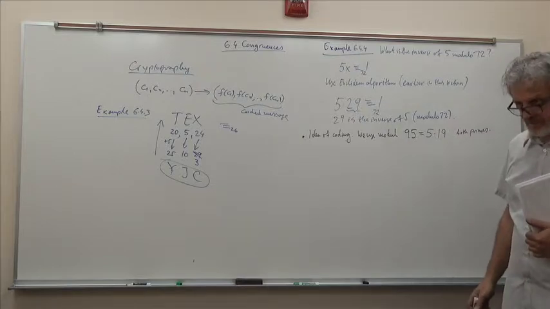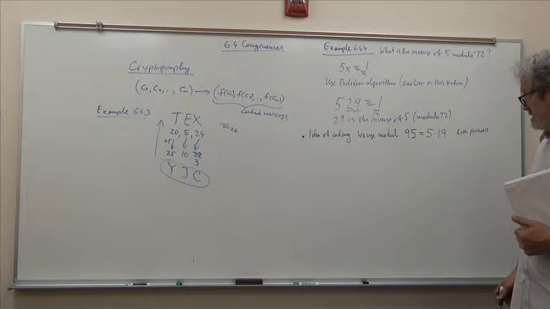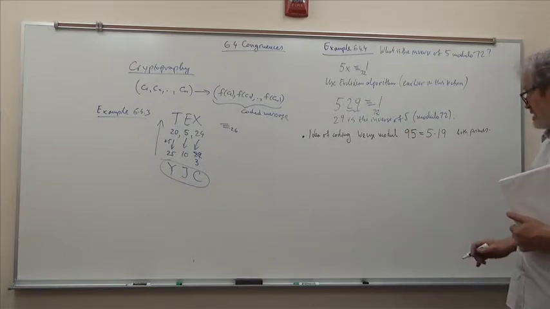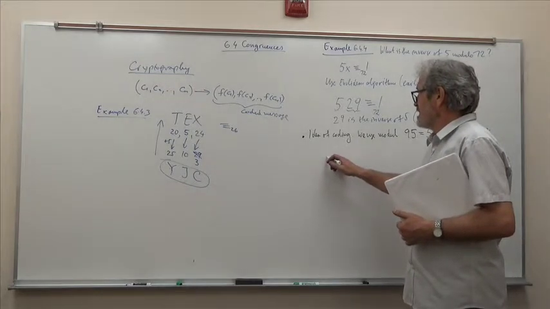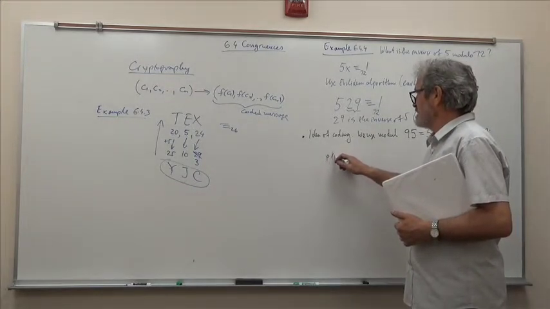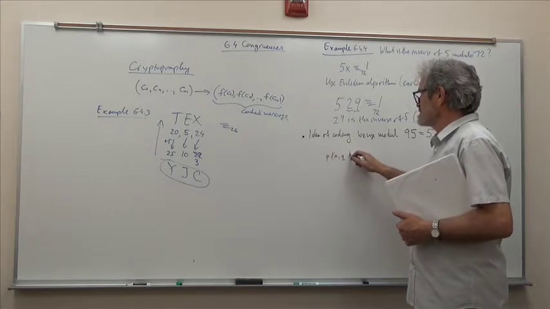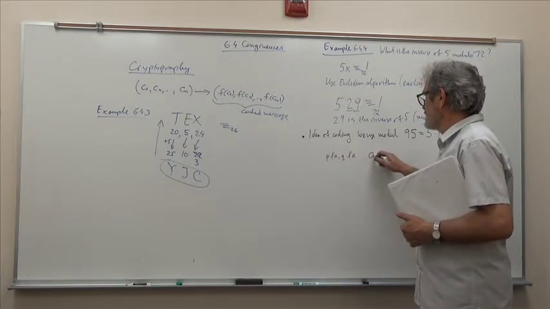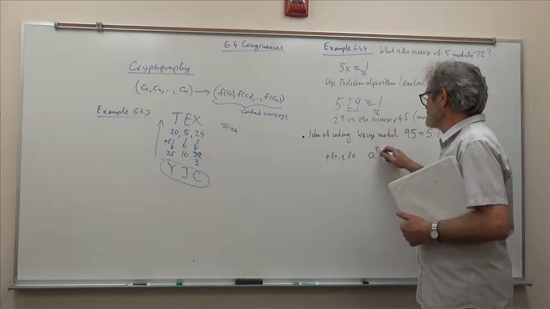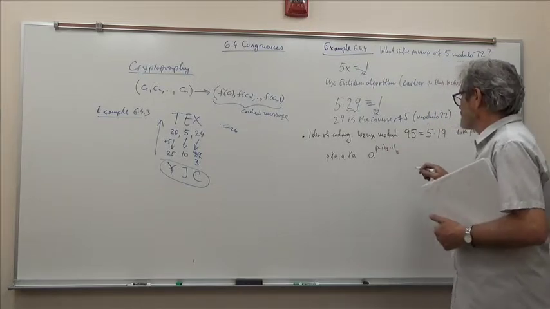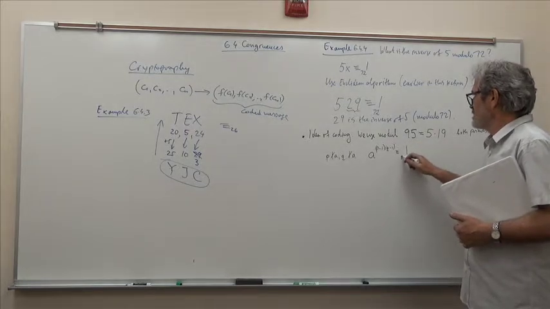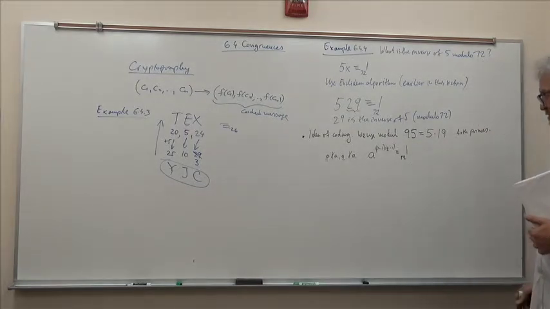Okay. And then what? The idea is the following one. According to the theorem that we saw a minute ago, if P does not divide A, and Q does not divide A, then A to the (P minus 1)(Q minus 1) will be congruent to 1 modulo PQ.